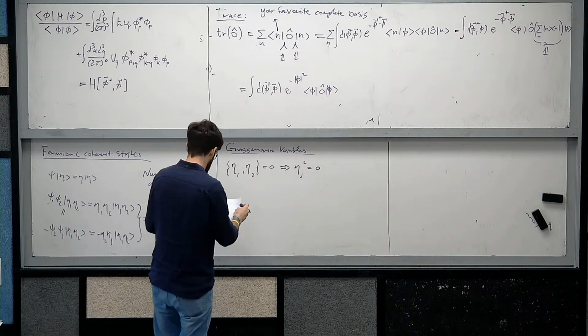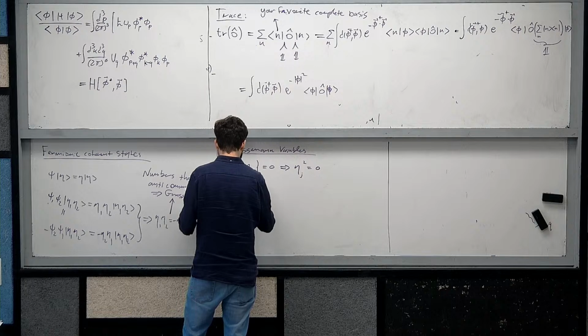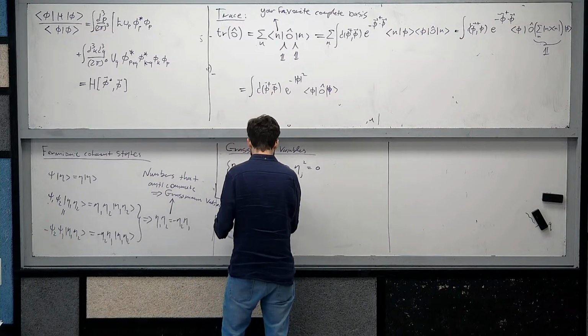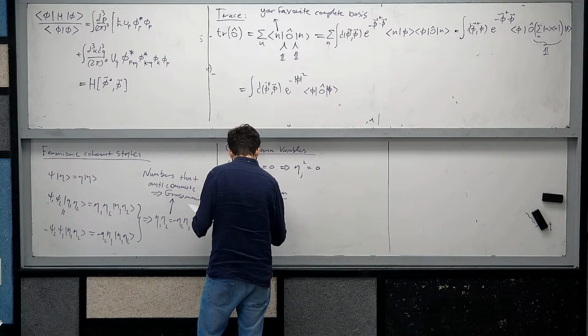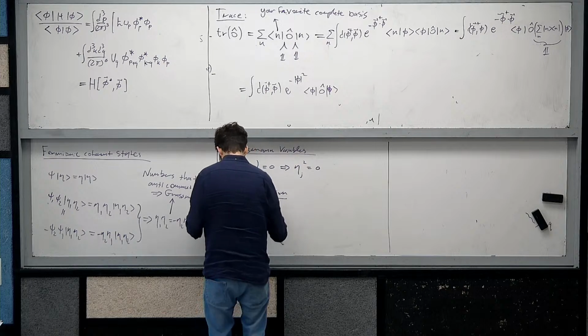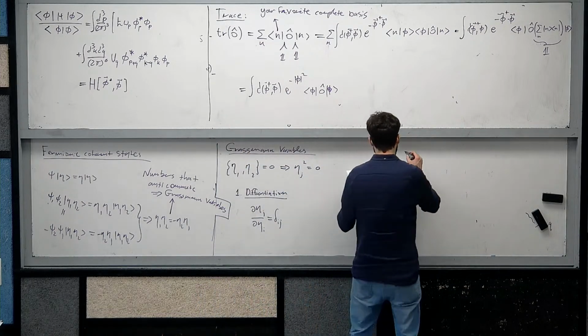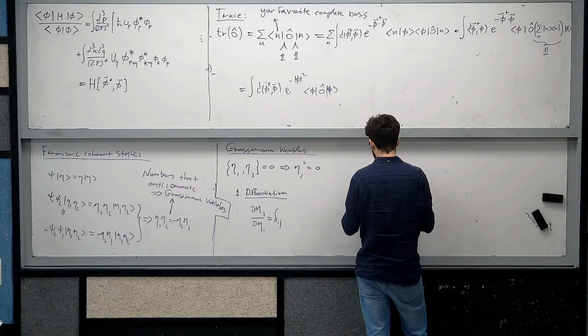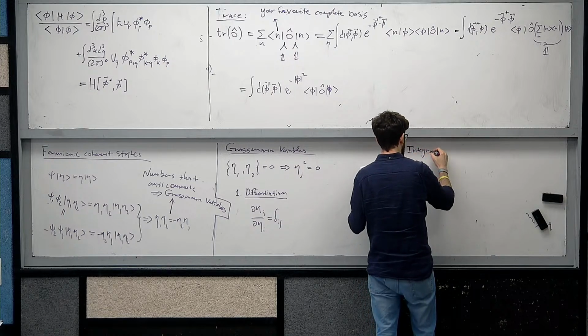Then there are a bunch of definitions. So differentiation says that d eta j to d eta i is equal to delta ij, which is just what we're used to. But the integration is weird.